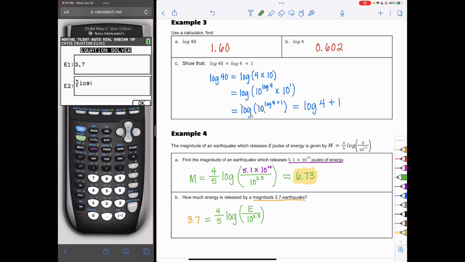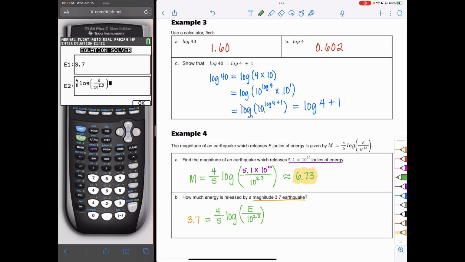Now, if you wanted to, you could have put the left side of the equation in Y1 and Y2 by pressing Y equals and find the intersection on the graph, but you will have to zoom in or zoom out, and it can be a little cumbersome. So this is just an alternate way that you can solve an equation.